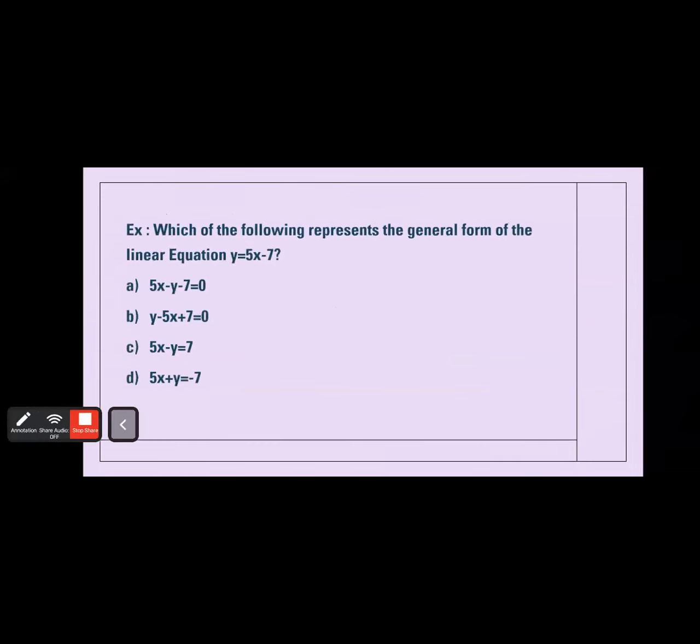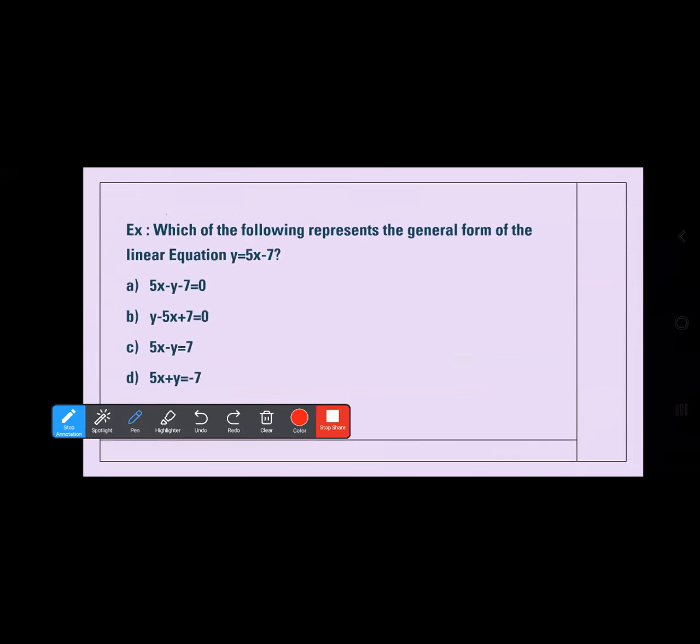Next example, which of the following represents the general form of the linear equation? Now again, general form of the linear equation. Here it is given the equation y equals 5x minus 7. So if you arrange this, always the x should be first. Okay. So minus 5x plus y equals minus 7.